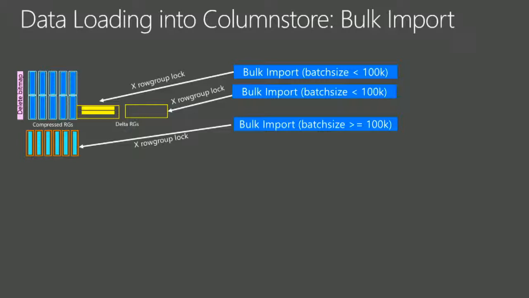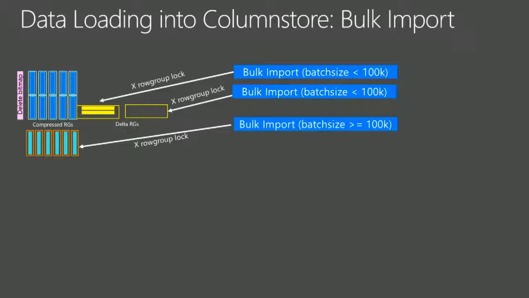So what we do is that 20,000 rows will directly go to a delta row group because we want to compress larger number of rows, right? So when you do bulk load, it will first land here, and then once it becomes a million rows, then it gets compressed, which means you are adding an overhead because there are two copies, right? You copy first here, then it gets compressed, right?